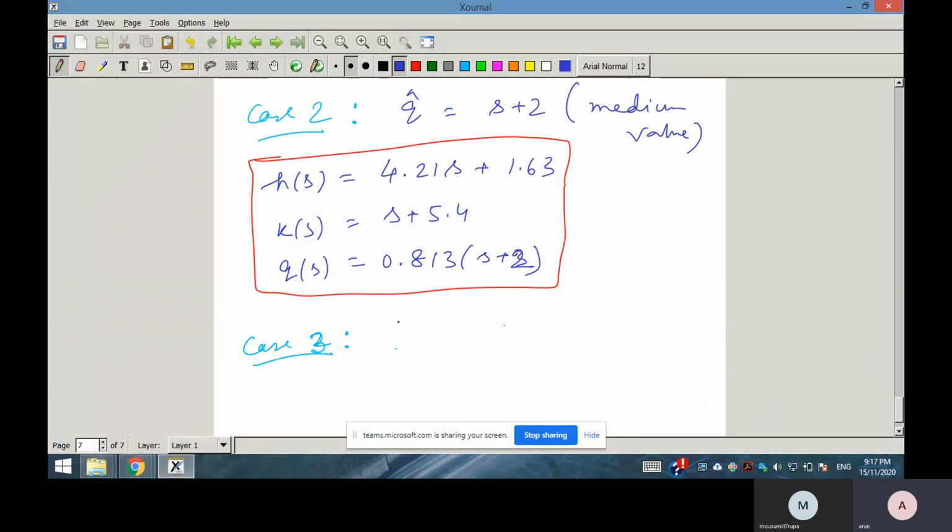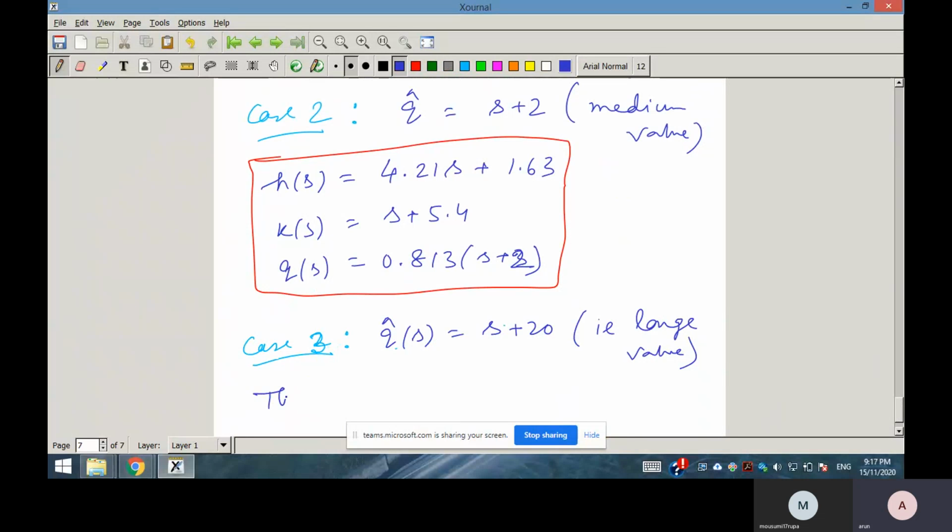So here I will choose Q hat S equal to S plus 20, that means that is a large value. That means 20 is now large, far away from the imaginary axis. In that case, what will happen?